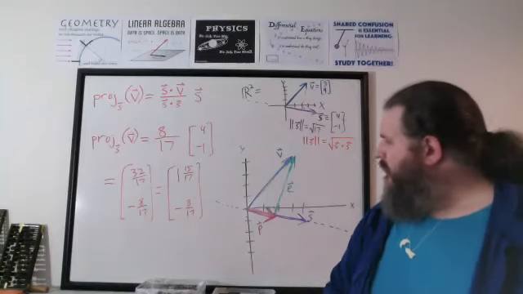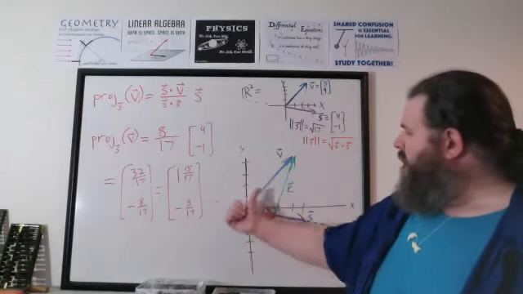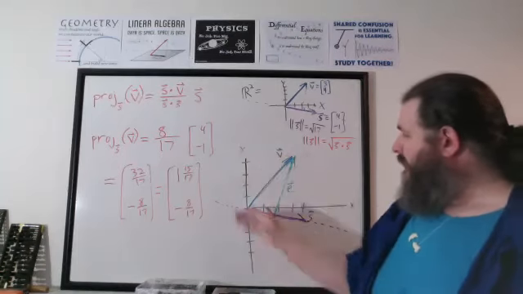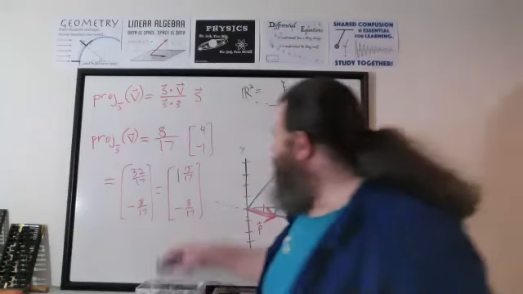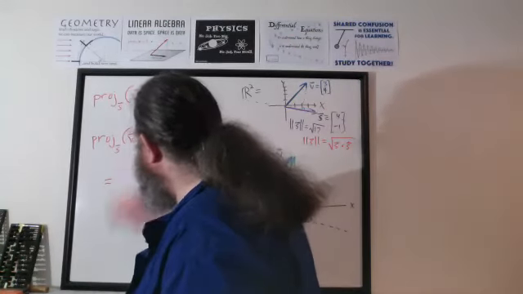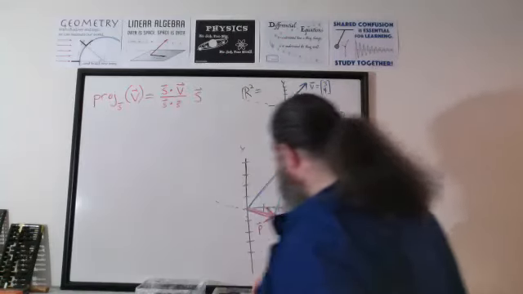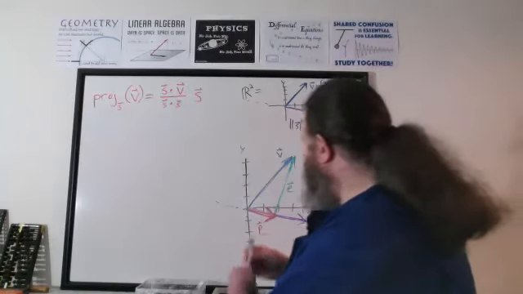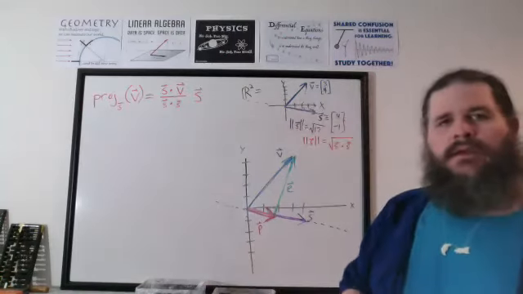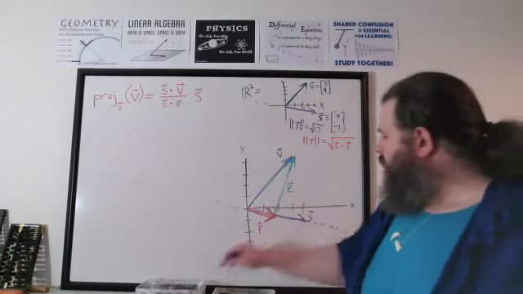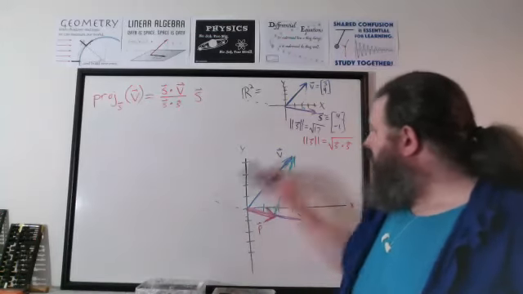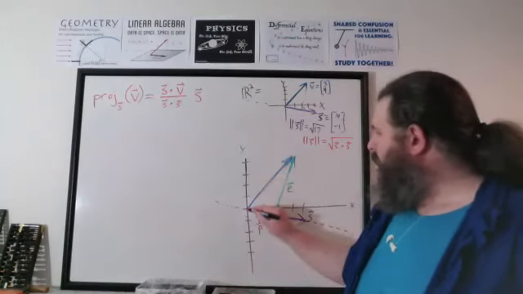And a couple of the things I want to mention here. In this case, we had a vector that was just on some diagonal with respect to s. But let's take a look at a couple of special cases there. First of all, you get something interesting happening if the original vector v is perpendicular to the line.